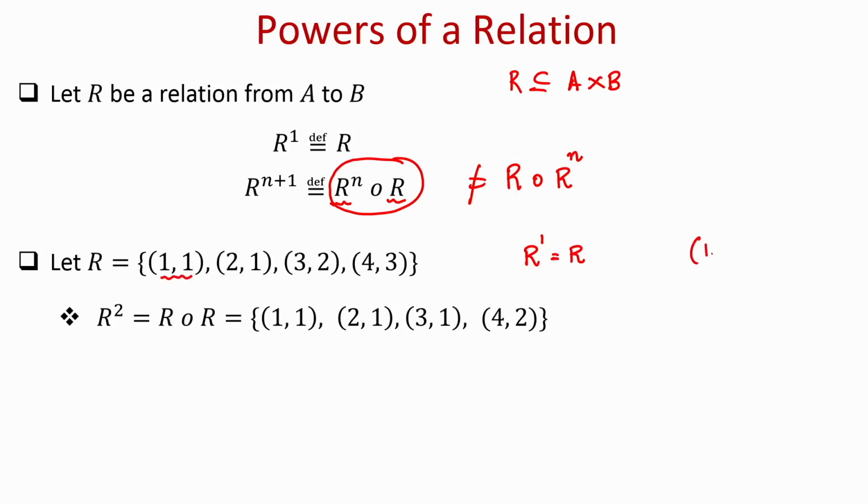You have 1 comma 1 present in R and the same 1 is again related to 1 itself as per R. Therefore, I can say that transitively, this is your A, this is your B, and this is your C. So, as per the definition A comma C should be there in R square. So, that is why 1 comma 1 will be present in R square.